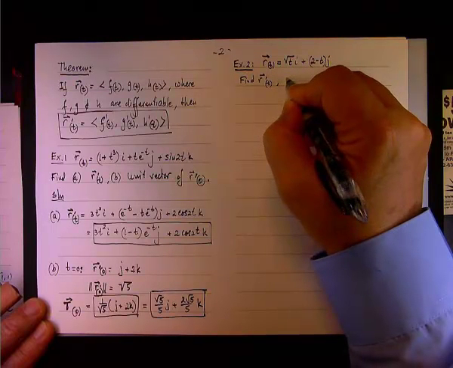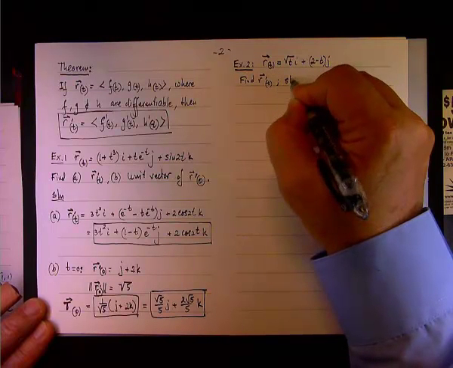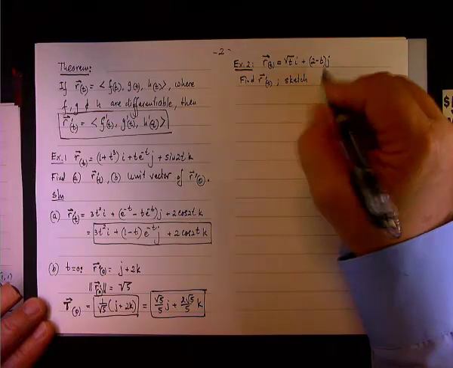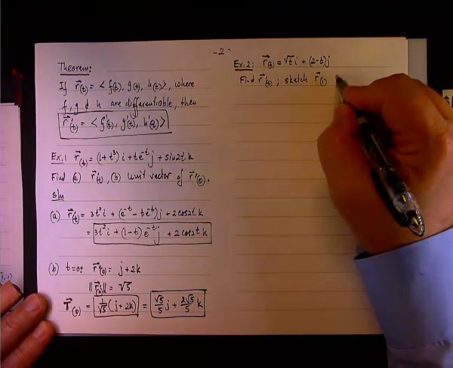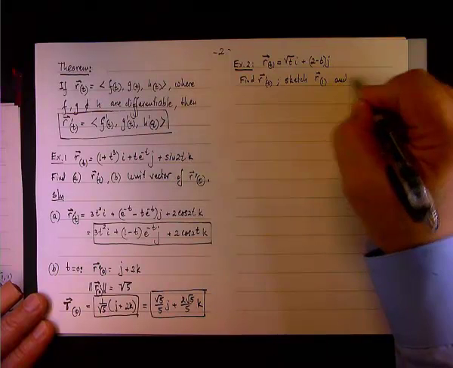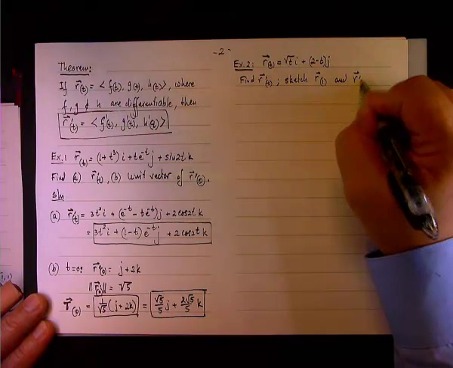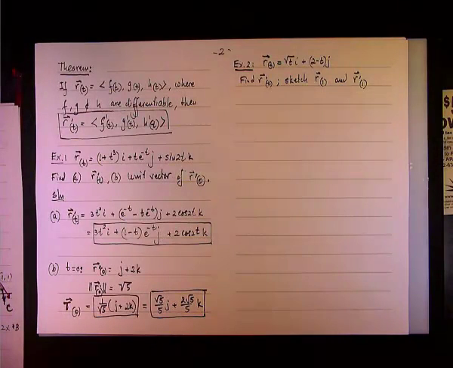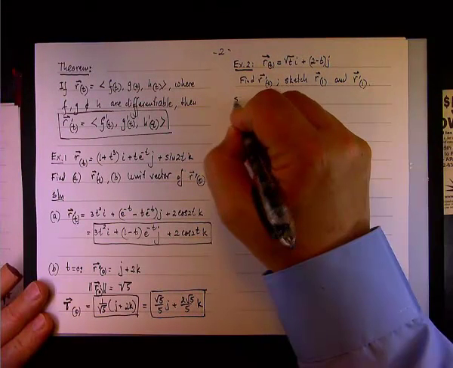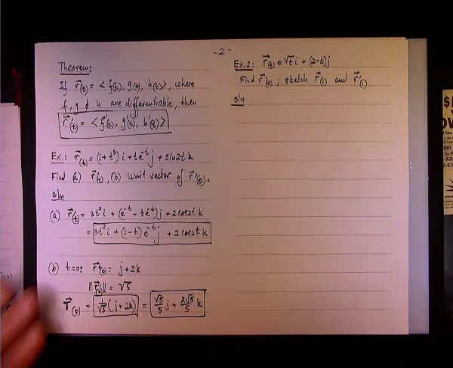Find first the derivative vector, and then we need to sketch r at t equals 1 and r prime at t equals 1. In this one, I want to show you how to do it on the graph program.